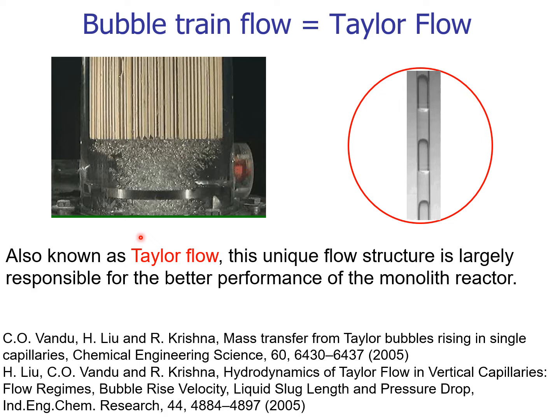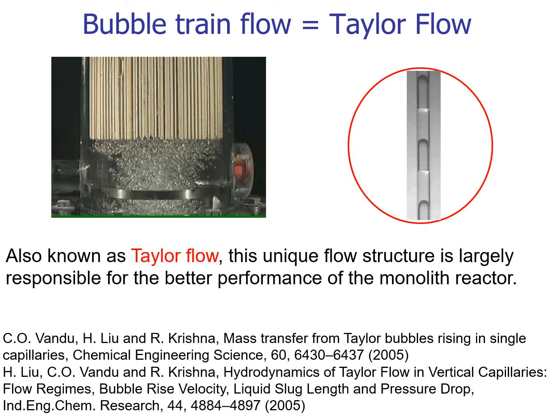Let us gain our first glimpse at gas and liquid flow inside a single channel of a monolith construction. Gas and liquid flow upwards, and we focus on the gas flow and liquid flow inside a single channel.